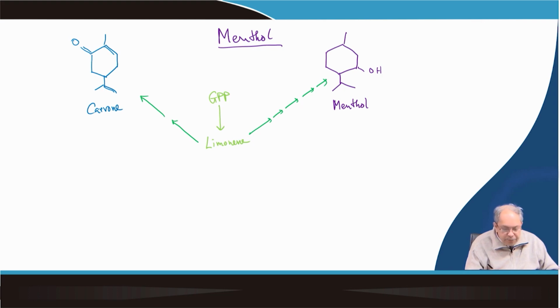So, the major difference is that one enzyme which drives limonene towards carvone is limonene 6 hydroxylase, whereas the other enzyme which drives the pathway towards menthol is limonene 3 hydroxylase.